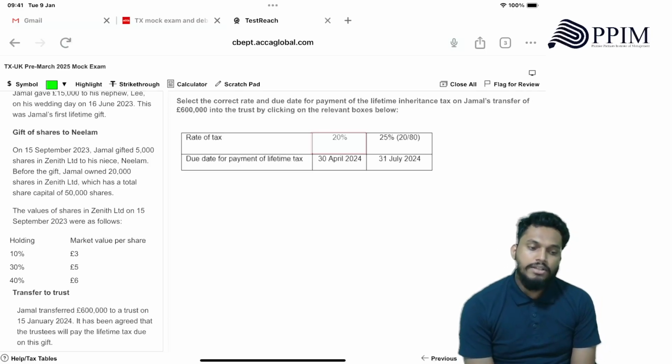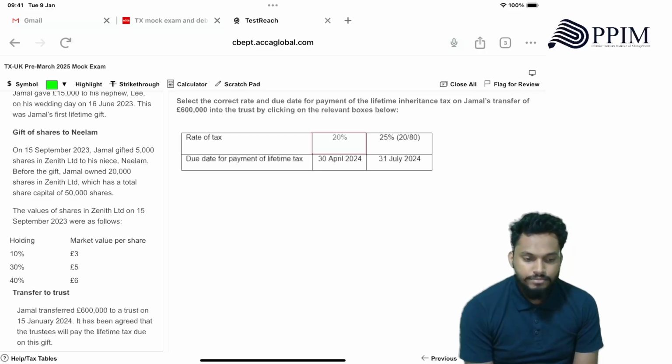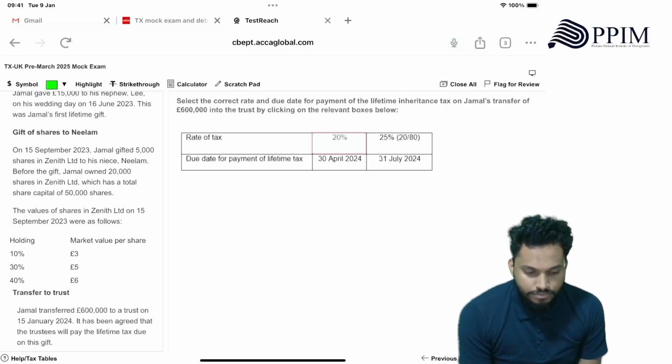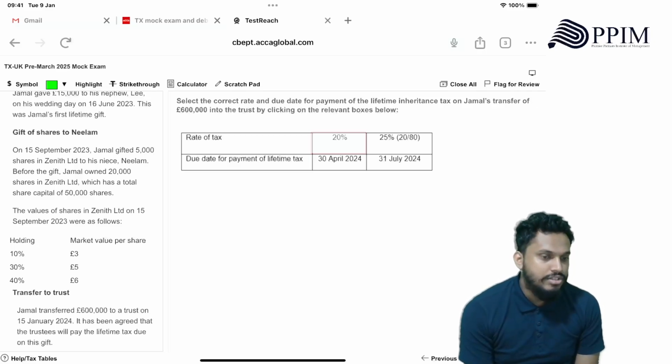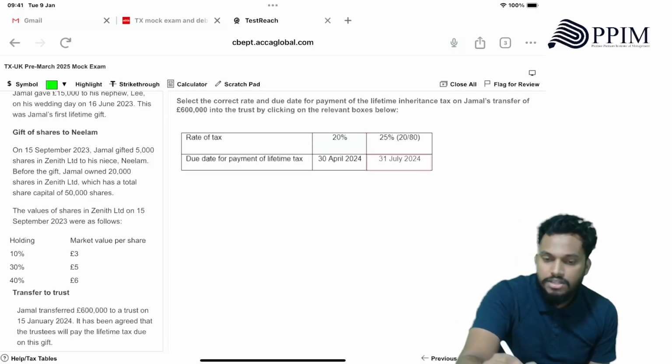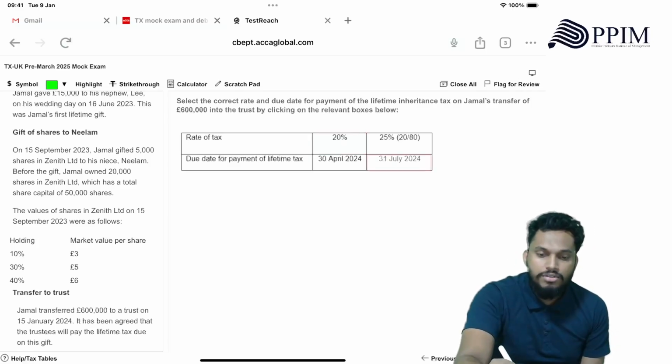So when are you giving the gift? 15th January. So 6 months means February, March, April, May, June, July. 6 months from the end of the month of the gift. So it needs to be 31st July.